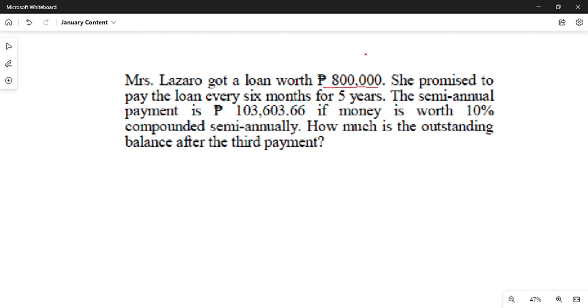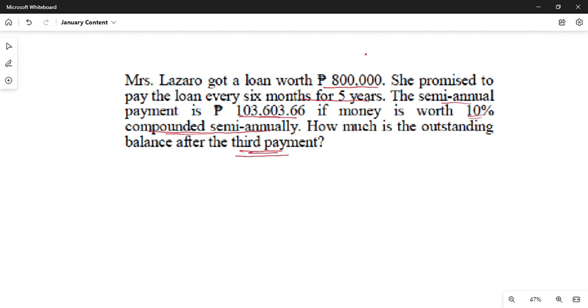She promised to pay the loan every 6 months for 5 years. The semi-annual payment is 103,603.66 pesos. If money is worth 10% compounded semi-annually, how much is the outstanding balance after the third payment?